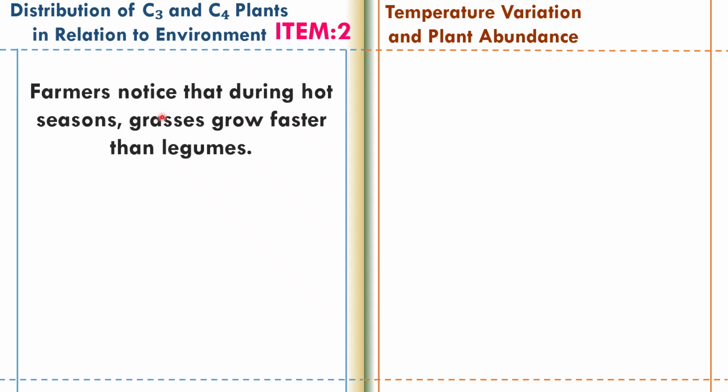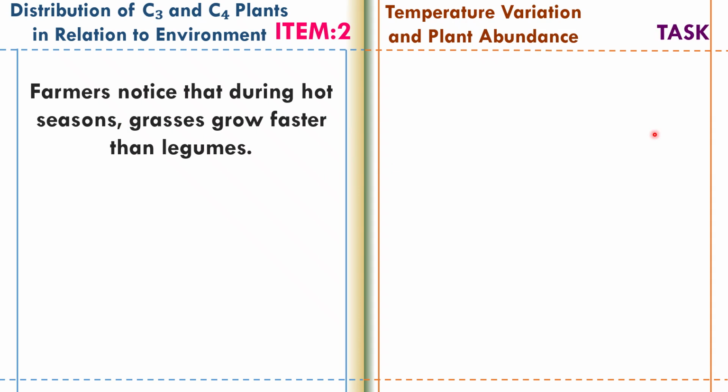Still on distribution of C3 and C4 plants in relation to environment. Item 2. Looking at temperature variation and plant abundance. Farmers note that during hot seasons, grasses grow faster than legumes.